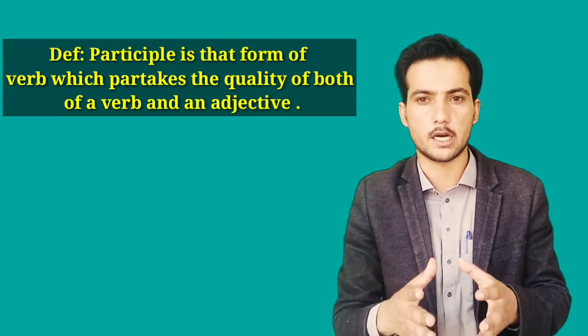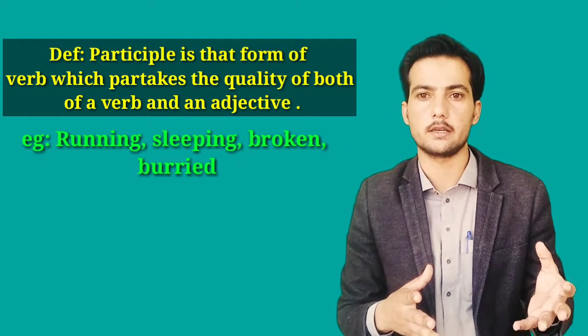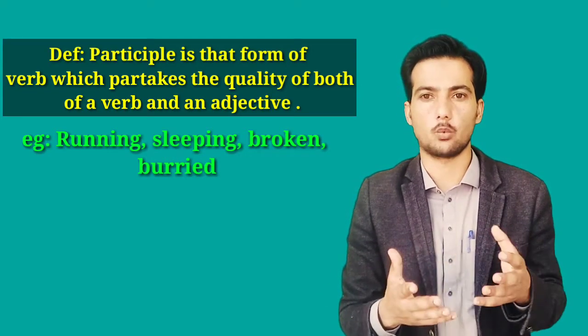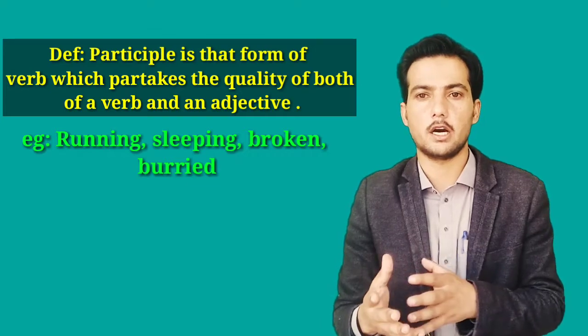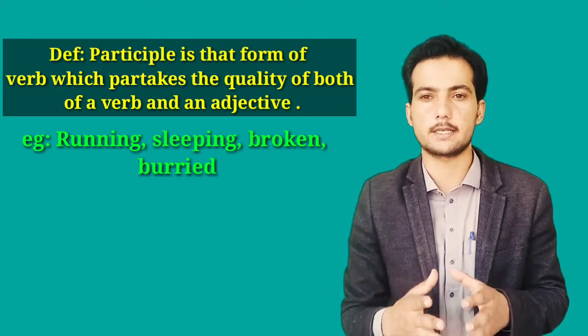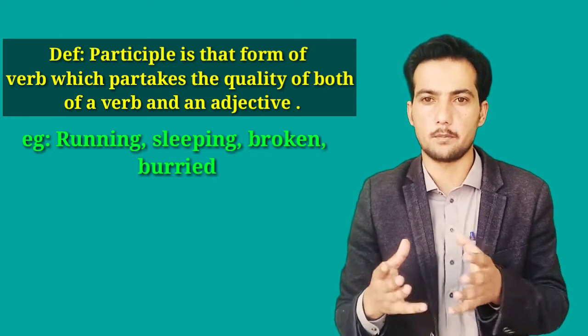So that is why it is called participle. For example, we have words like running, sleeping, broken, and buried. These words originate from the verb, but they can be used in a sentence like an adjective and a verb. So that is why it is called participle.